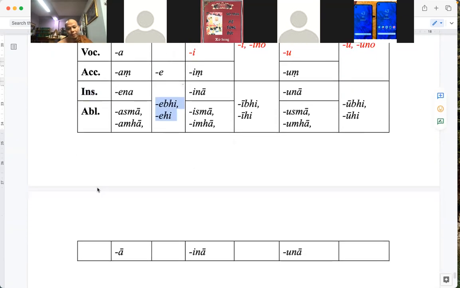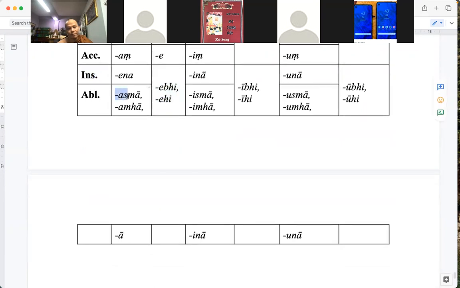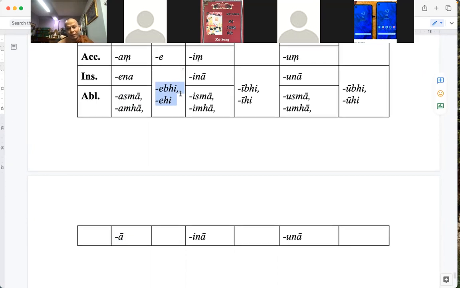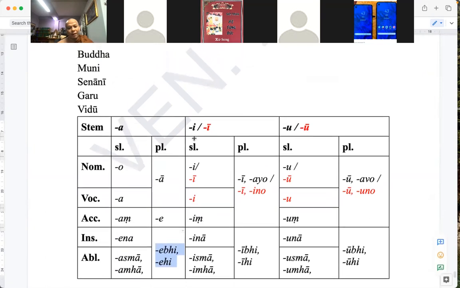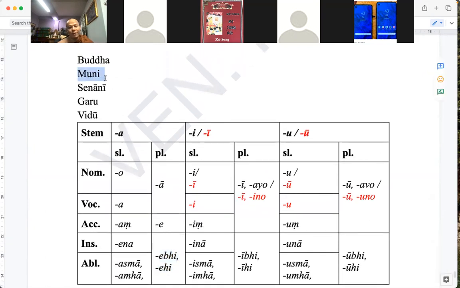And the ablative, Bodhasma, Bodhamha. And for plural, Bodhehi, Bodhebi. Okay, Bodhebi, Bodhehi, or Bodhehi, Bodhebi. Okay, no problem. And then now Muni.